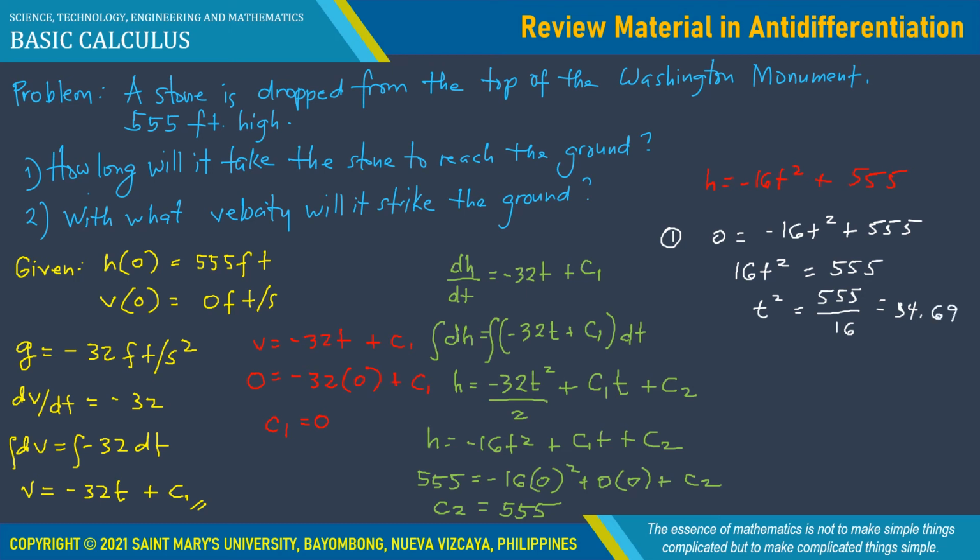So 34.69. Then take the square root. We'll consider the positive square root since time yan. So square root of 34.69 is equal to 5.89.